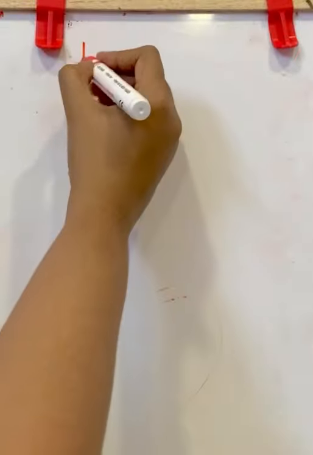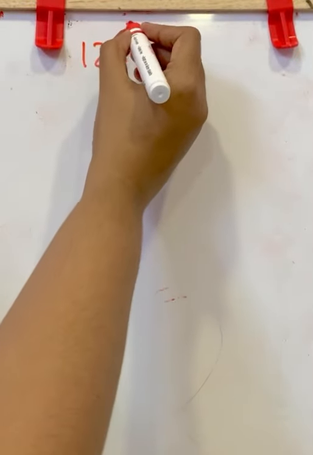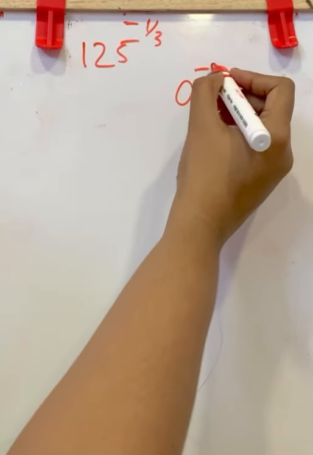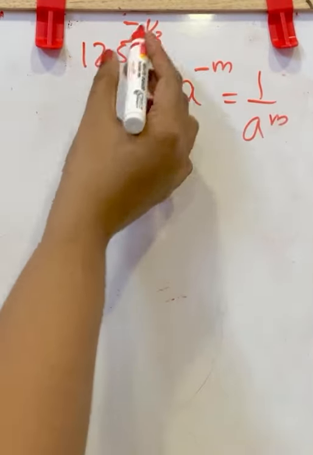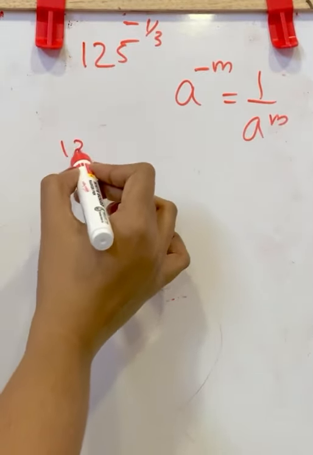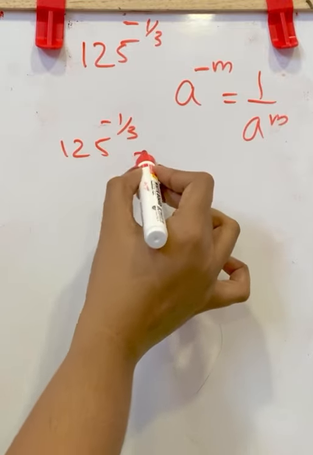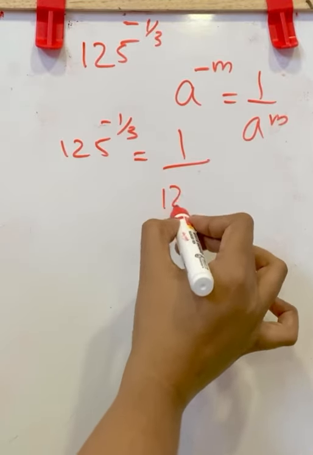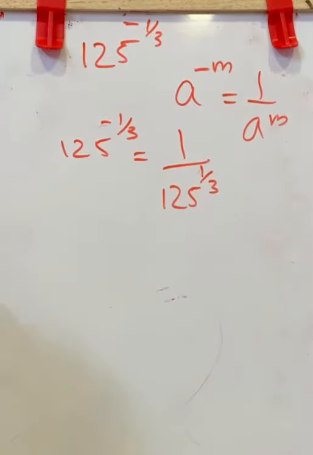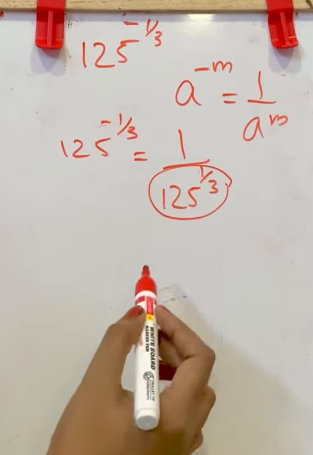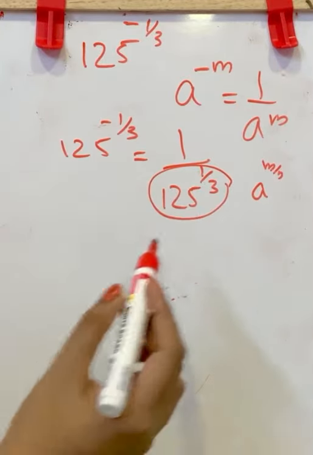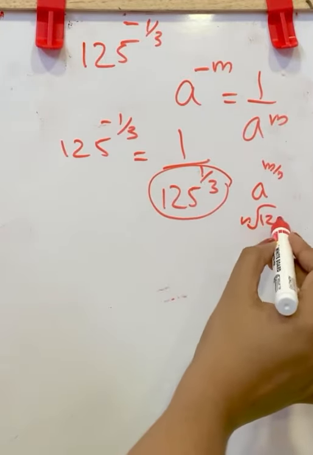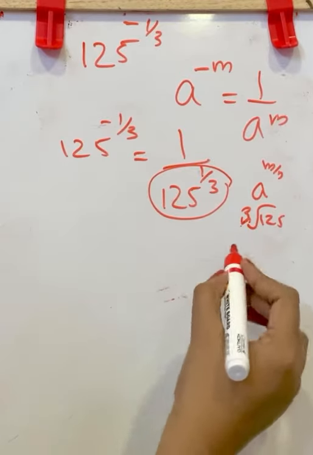Next is 125 raised to minus 1 by 3. We know a raised to minus m is equal to 1 by a raised to m. So here we can write 125 raised to minus 1 by 3 is equal to 1 by 125 raised to 1 by 3. And here we can apply a raised to m by n, that is nth root of 125, that is third root of 125.